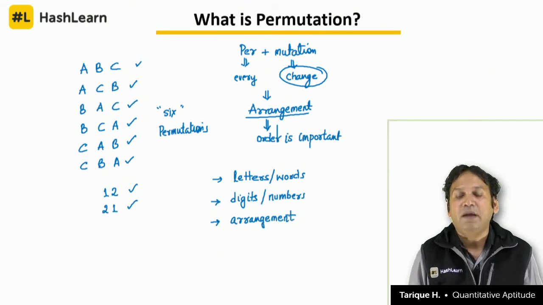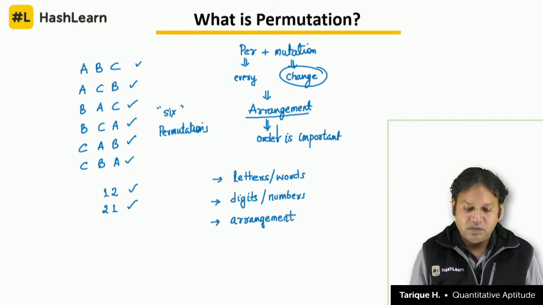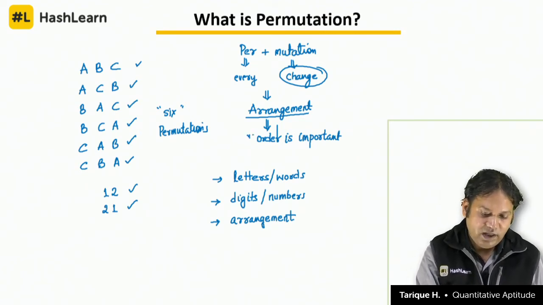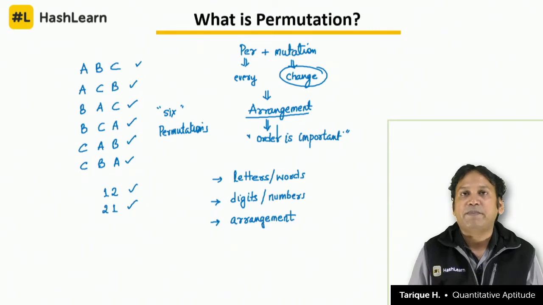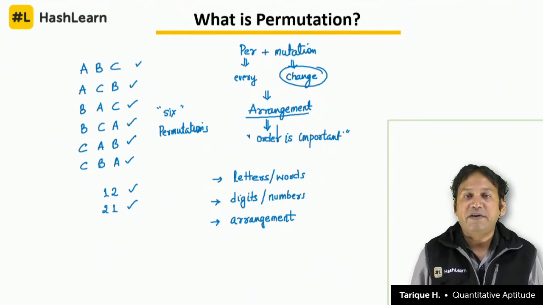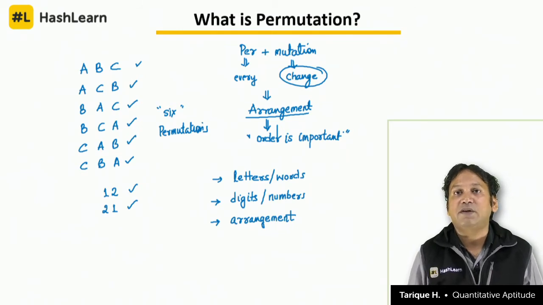Overall, if you are in doubt about whether to do permutation or combination, you always ask yourself, is order important? When I change the order of something, does it give me a new meaning, a new value? Clear? If it gives you a new meaning, a new value, different from the previous cases, then it's a question on permutation.